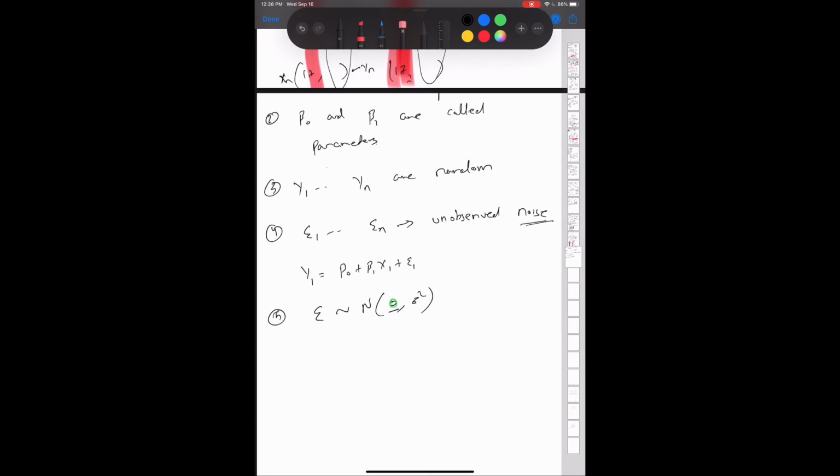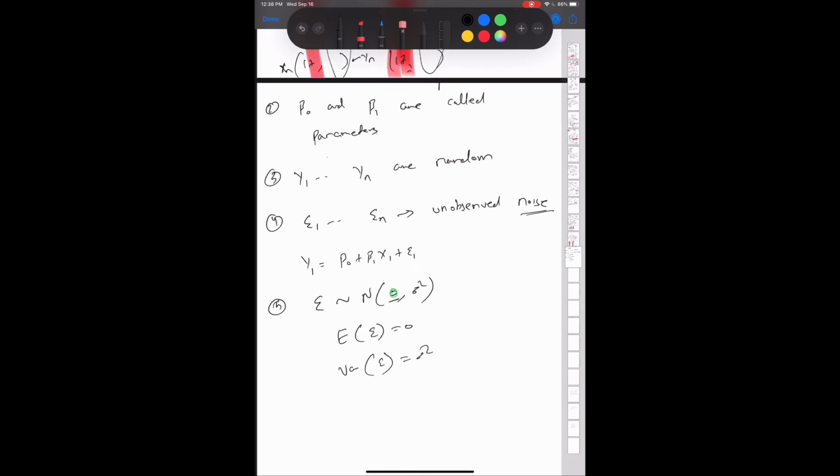We assume that the expectation of epsilon is 0, and we assume that the variance of epsilon is sigma square.